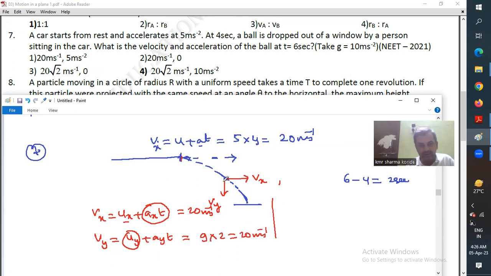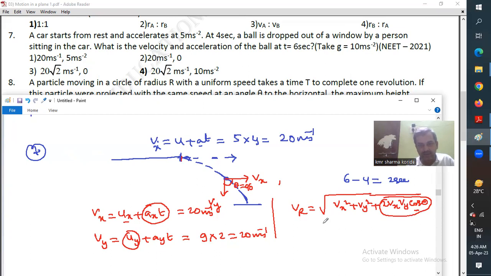Since Vx and Vy are perpendicular to each other, theta is 90, making use of the parallelogram law for resultant velocity, root of Vx square plus Vy square plus 2 Vx Vy cos theta. Theta is 90, so this entire last term does not exist.